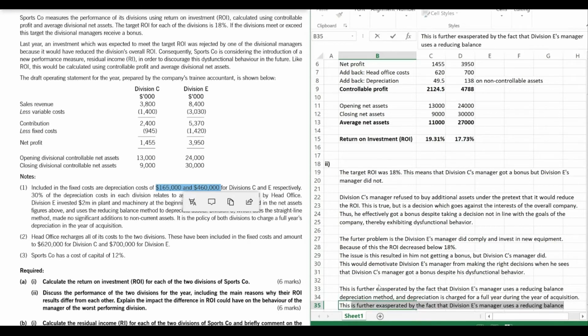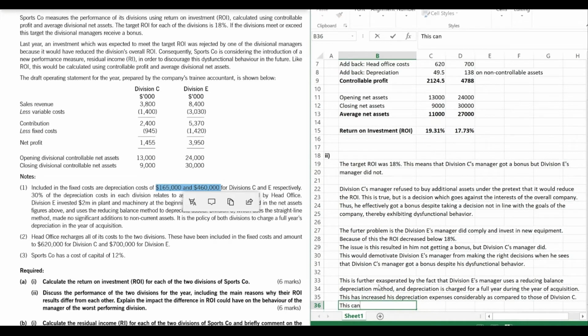This has increased his depreciation expenses considerably as compared to those of Division C. This can be seen by comparing 165,000 to 460,000.